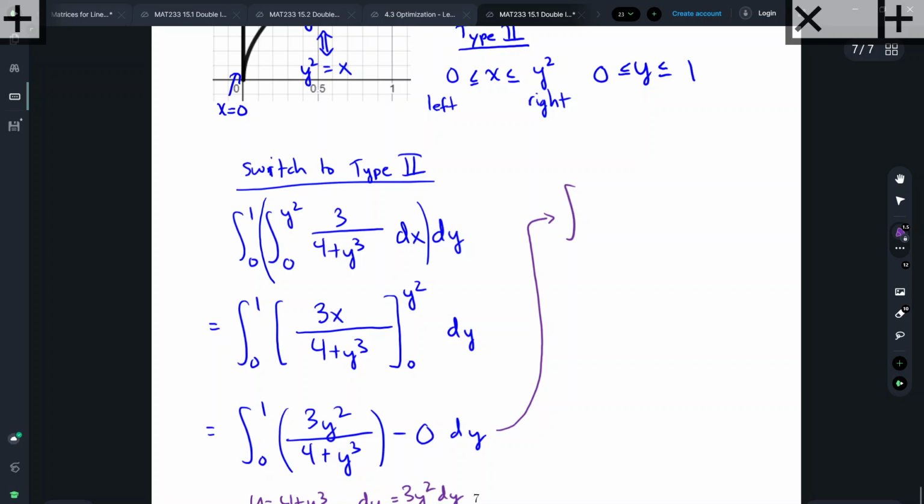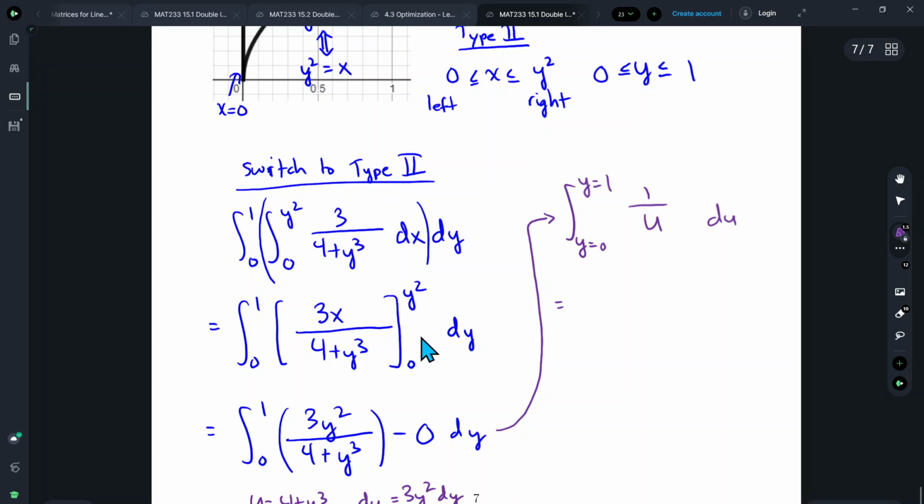So we integrate. The limits of integration are with respect to y, so let's make a note of that: y goes from 0 to 1. Again, the 3y squared and the dy changes to du, and the 4 plus y cubed becomes u. So it's just 1 over u.